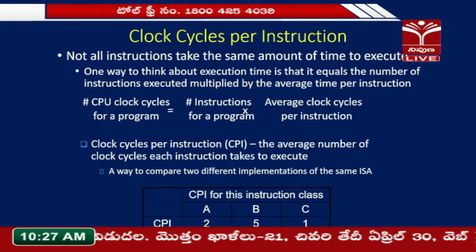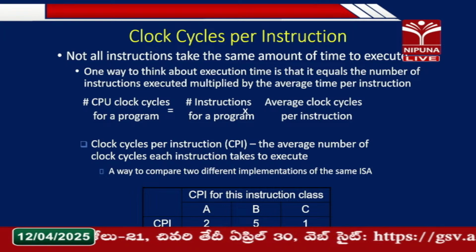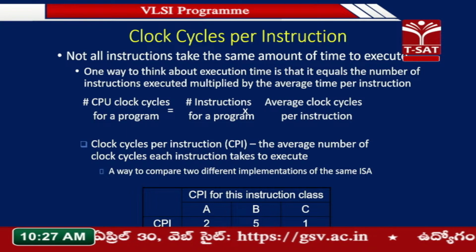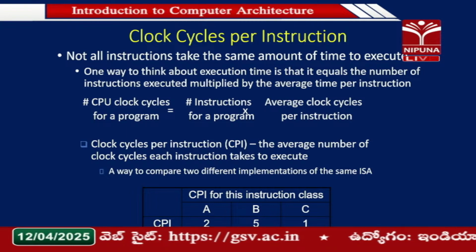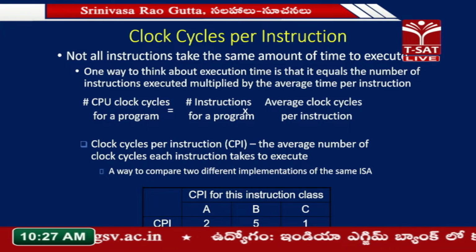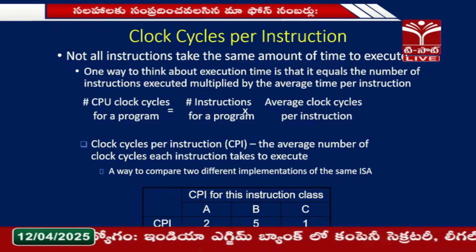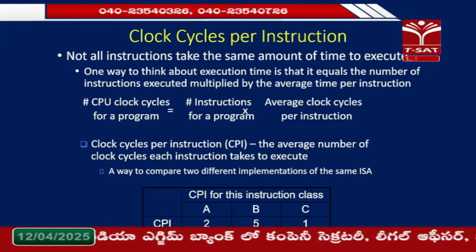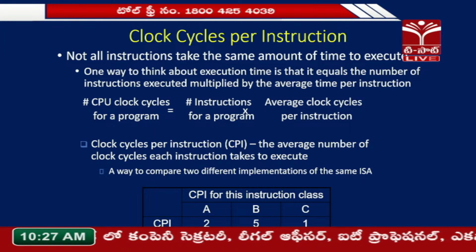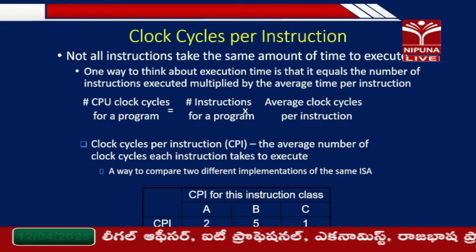So, this is an example where, in the assembly language programs and the CPU architecture, we define the classes of instructions, and in this example we are saying they are A, B and C, and each of them has a different CPI. If all the instructions in a given program are B type, all of them will take 5 clock cycles.